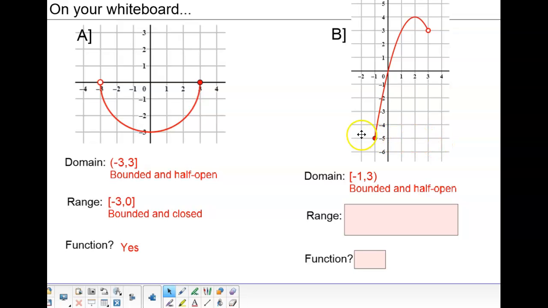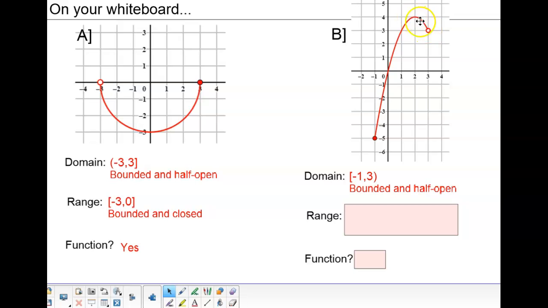And in this example, where students sometimes get confused, is their eye tends to go to this end point, but notice the end point is lower than the actual highest y value. And for range, we want to know all the y values lowest to highest. So we've got this lower bound here at -5. The upper bound for the range is all the way up here at 4.